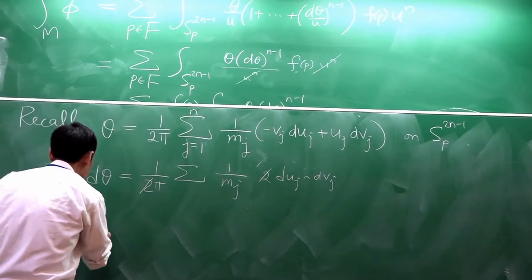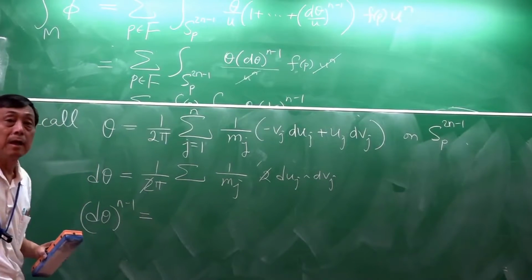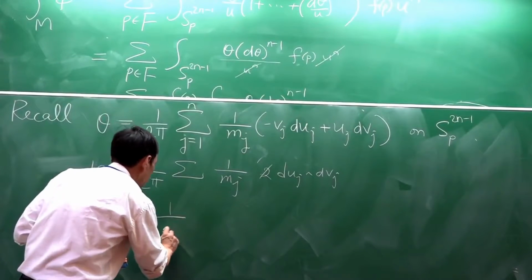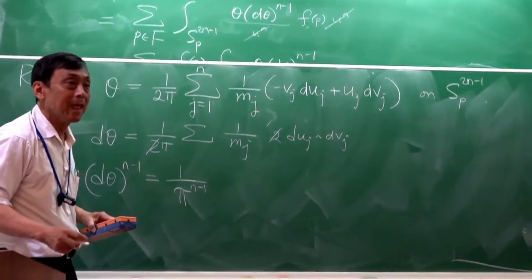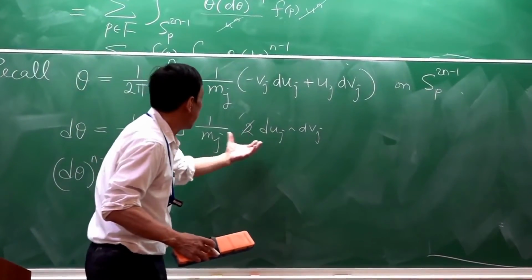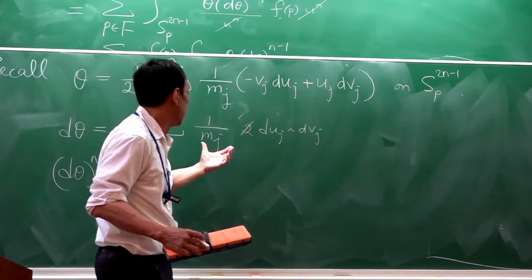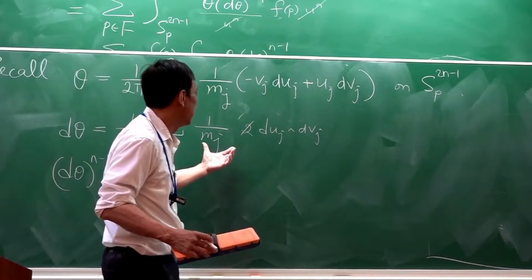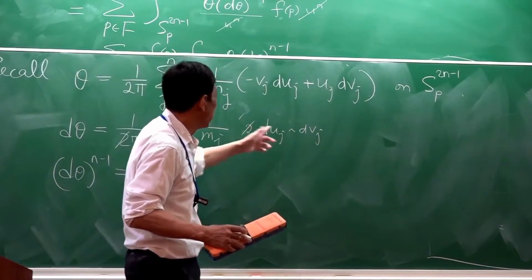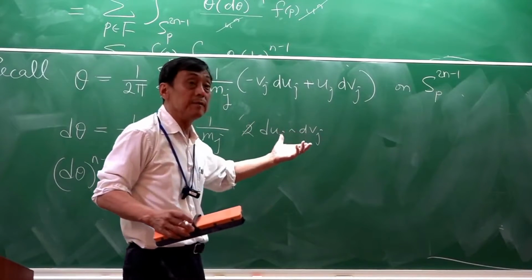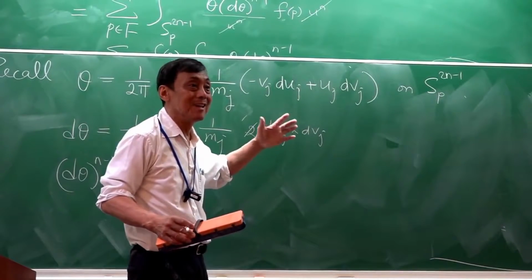And now I have to take d theta to the n minus 1. So the pi is raised to the n minus first power. And then I multiply n minus 1 of these together. Now, if the j's are the same, then you'll get 0 because you'll get a repeated duj.